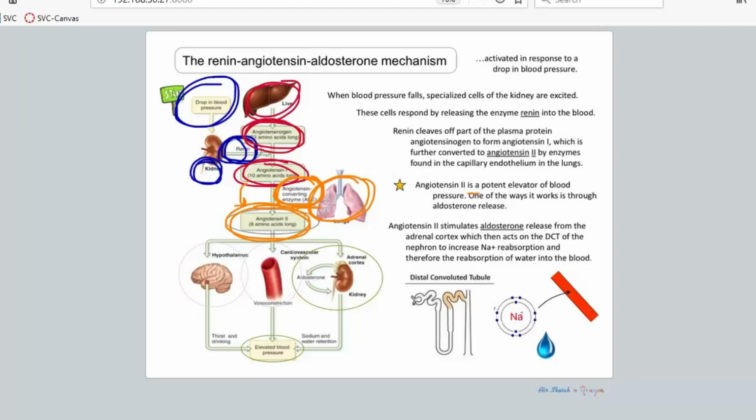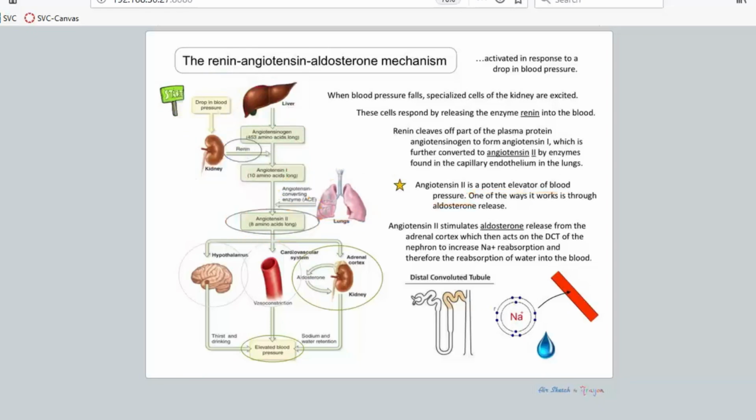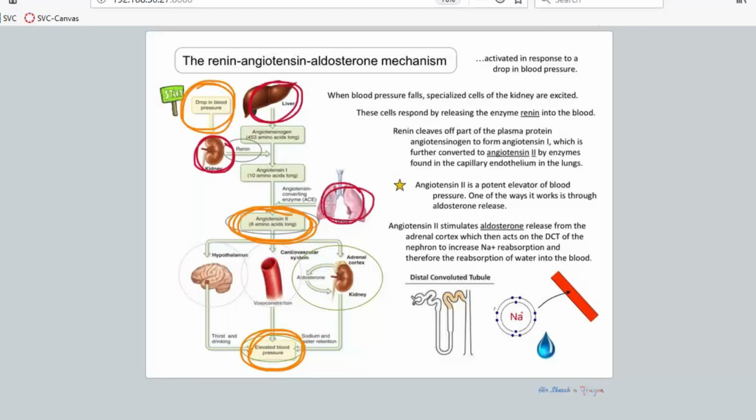Angiotensin 2 is a potent elevator of blood pressure. And there's 3 different ways that this is going to happen. So remember, we have a drop in blood pressure, and so we want to elevate it. The way that we're going to do that is by producing this angiotensin 2 molecule. And the production of angiotensin 2 involves the kidney, the liver, and the lungs.